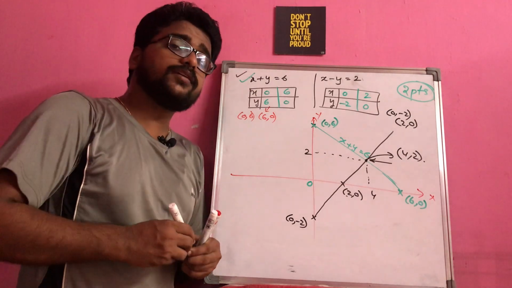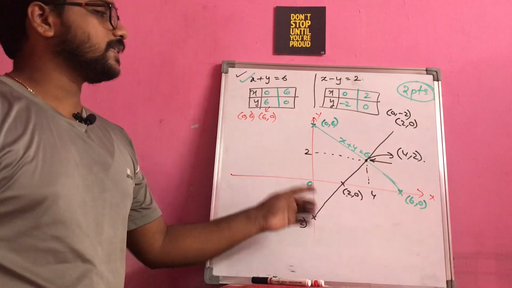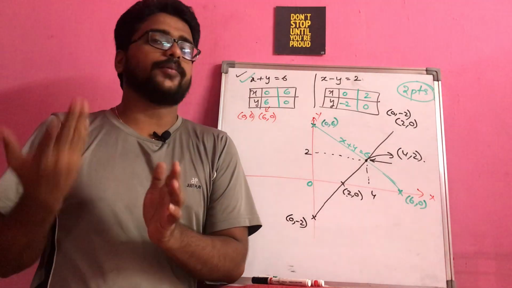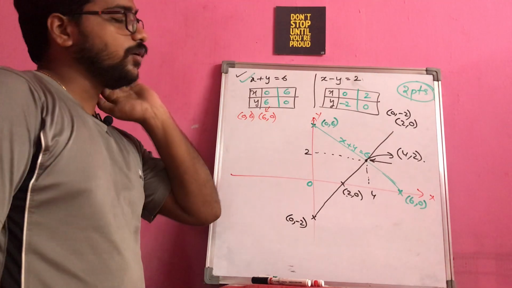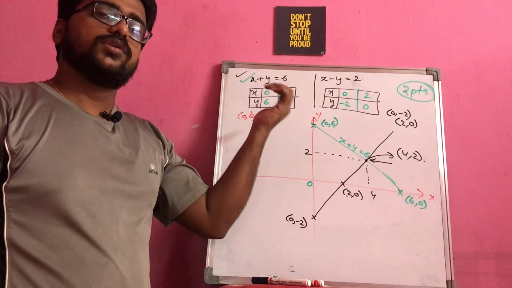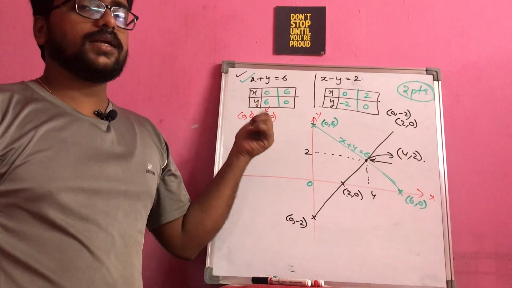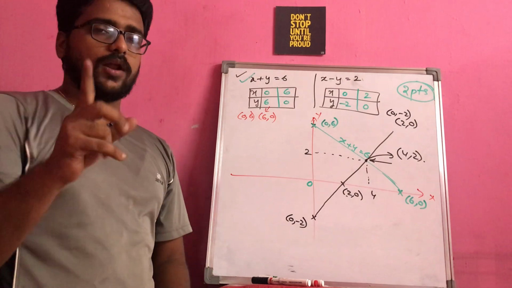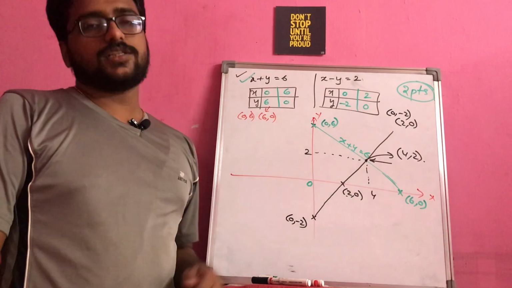So in what ways, if you try to extend this graph also, these lines won't intersect at any other point. So that means whatever conclusion that we came to before, based on those ratios, that it is intersecting at only one particular point, that is satisfied here.